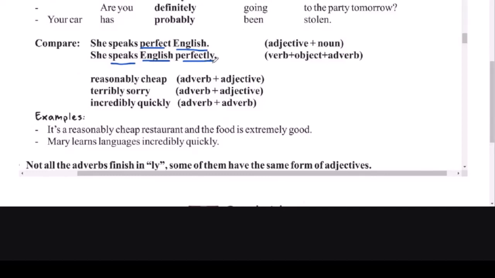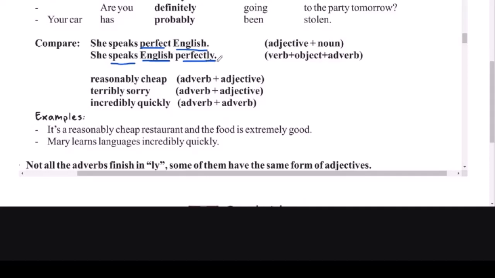That's something that we get confused a lot, because we want to mix it. Perfectly English, we want to say no, don't do it, because that's not perfect English, right? You can speak perfect English, or you can speak English perfectly. Both are possible. Both are okay, but you can't mix and match. You can't be perfectly English or English perfect. No, perfectly has to be used if it's after.